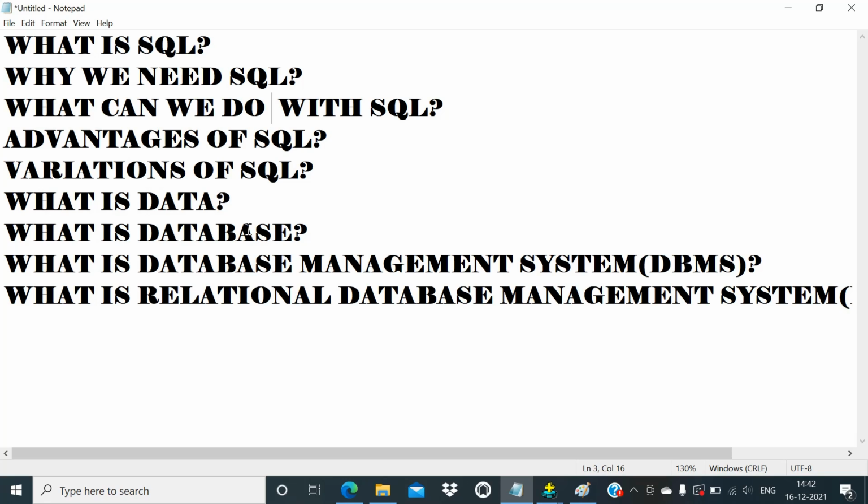So what after SQL? Here comes the question: the variations of SQL. First, the basic is SQL. After that, we can learn MySQL, procedural SQL, that is known as PL/SQL, and SQLite. So this is a continuous process which continues one by one. Anyone can learn this language.